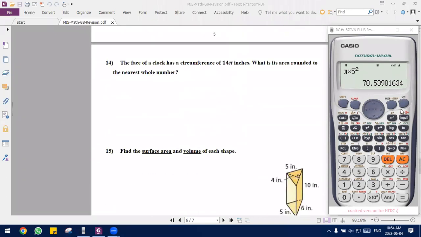Now, next question, 14. It says the face of the clock has a circumference of 14 pi. So C is given, 14 pi. What is the area rounded to the nearest whole number? We know that area is pi r squared. So when I write the formula, I understand that I need r. And in the problem, r is not given, c is given. So now we write the formula of c that includes r, which is 2 pi r.